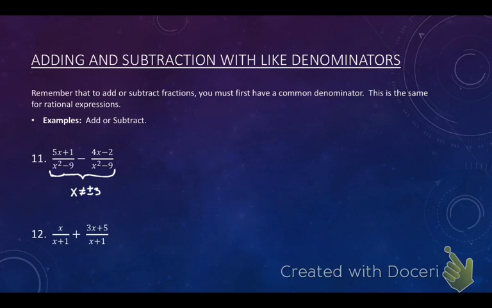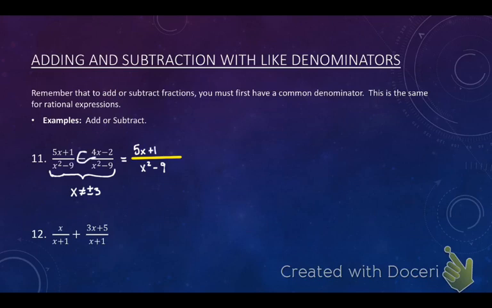Then it just becomes a standard problem, and usually whenever I do this, I put everything under one big fraction, so x squared minus 9. Now, if you want, you can change that to x plus 3 and x minus 3. That's okay with me. Now, for me, I'm going to rewrite it and go 5x plus 1.